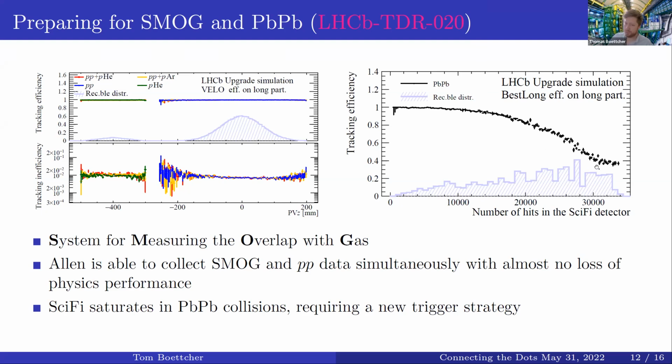And this is an issue because most lead-lead collisions will produce more than 30,000 hits in the SciFi detector. So this means we have to rethink our trigger strategy in Allen, and we have to come up with a new way of selecting data in lead-lead, and this is something we're currently working on.